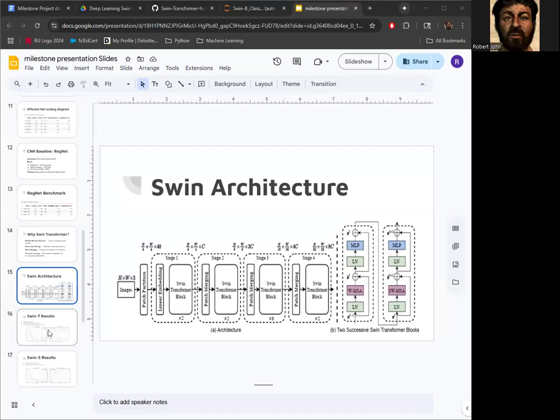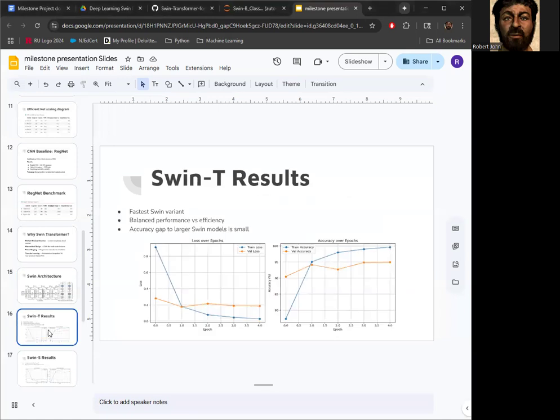These are the Swin T results, the tiny variant. It's the fastest Swin model, and it offers a good trade-off between performance and efficiency. Looking at the loss curve on the left, both training and validation loss drop quickly and stabilize, indicating smooth convergence.